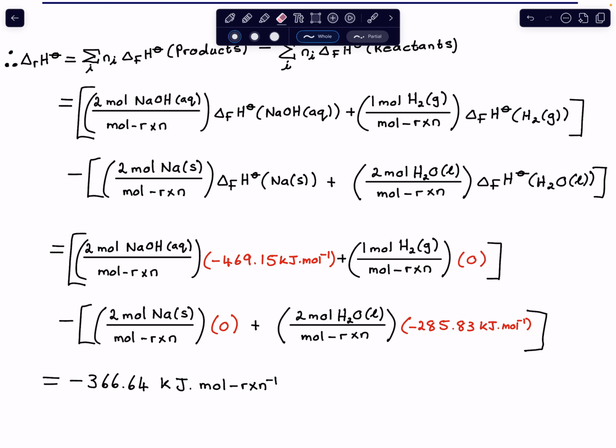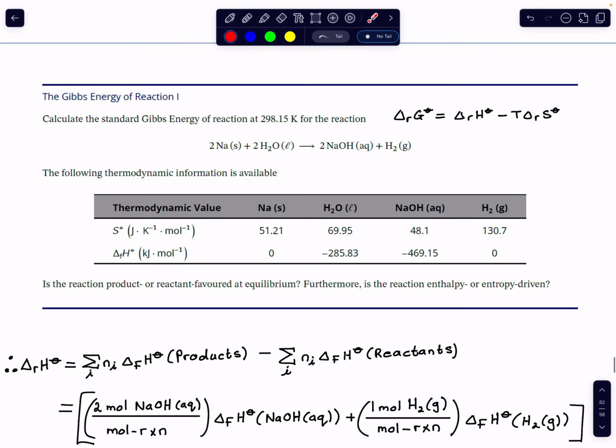So the value for the enthalpy of reaction that I get here is negative 366.64 kilojoule per mole reaction. Enthalpies are usually reported in kilojoules per mole reaction, specifically the kilojoule part is the important part.